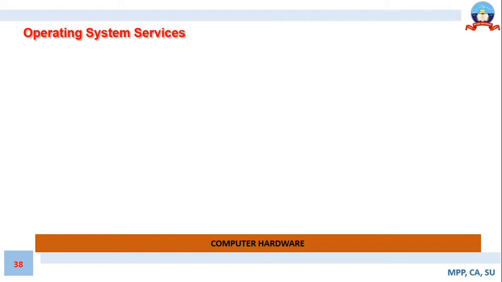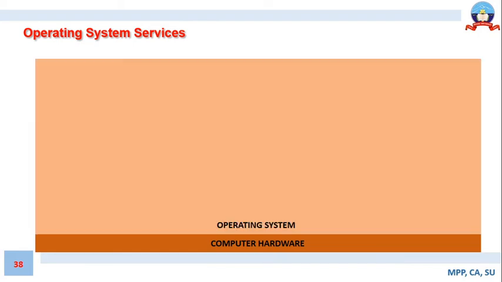Using the computer hardware through the operating system, the users are capable of performing operations. In order to make use of the computer hardware, we have the operating system, which is a program that acts as an interface between the user and the computer hardware.